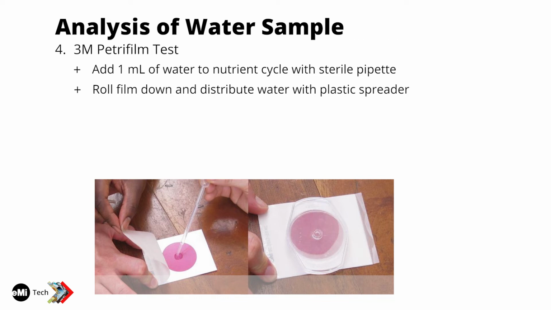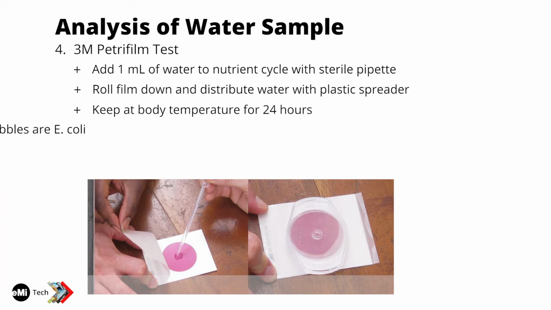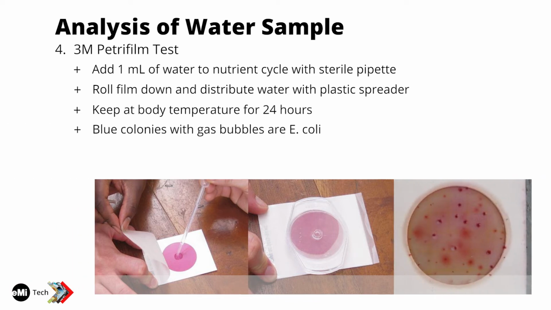Anyway, once it's sealed up, it solidifies, it forms a seal between the vellum and the card in just a few minutes. Then you have to keep it, again, at body temperature for 24 hours. And after that, when you see blue colonies with gas bubbles associated with them, those are E. coli. Red colonies with gas bubbles are other coliform.